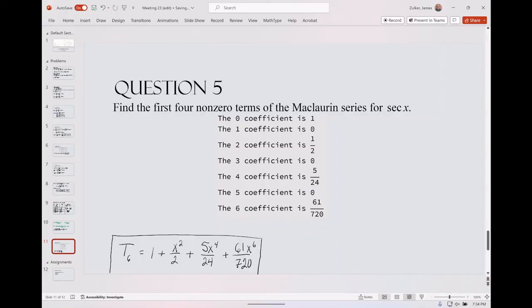If that's what we were looking for. Now you could do this by hand if you really wanted to. I'm warning you that derivatives get really messy really quickly. Good.